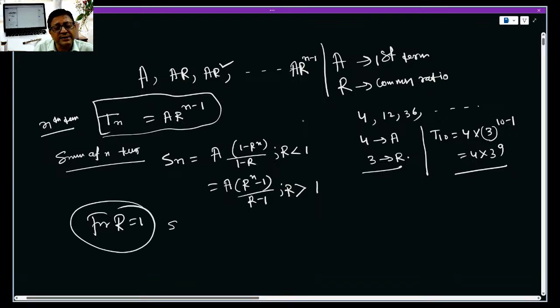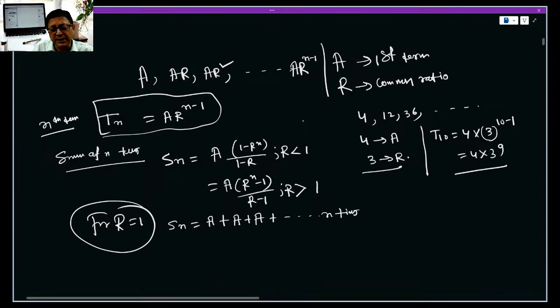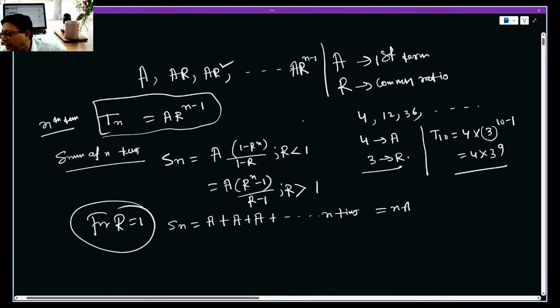In that case Sn is the sum of these terms A this way up to n times, isn't it? So this is going to be equal to n into A. Hope you understand. The sum of n terms of geometric progression is done.